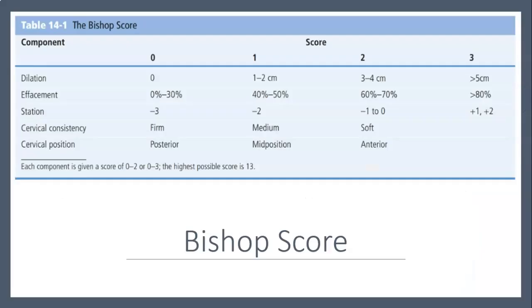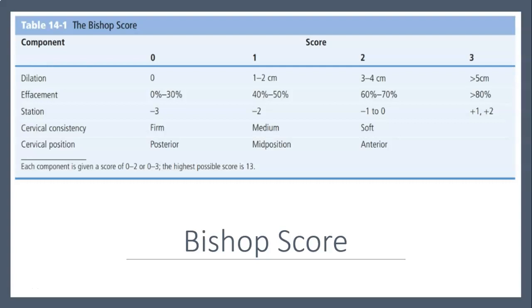The Bishop score is a tool that we use to tell us if the cervix is favorable or inducible. Sometimes the provider, in deciding if they should induce someone, goes to this tool and scores the patient, and that tells them whether or not the induction is more likely to be successful.